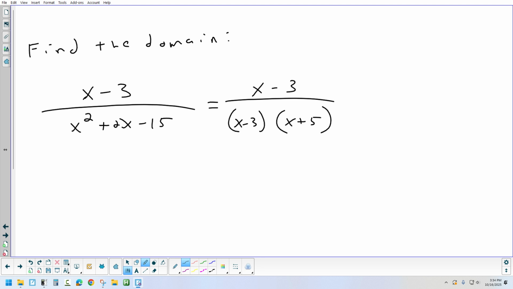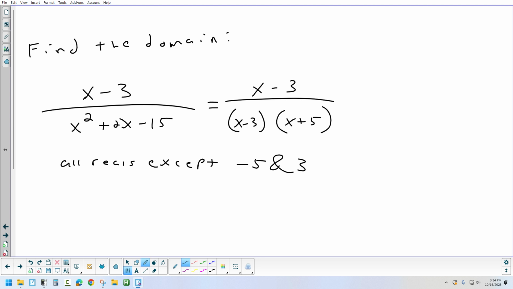Okay, so what values are we not allowed to use for x? Yep, negative 5 and 3. So the domain is all reals except negative 5 and 3. What happens at negative 5 on your graph?